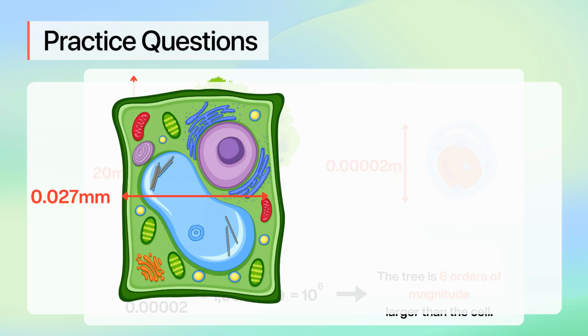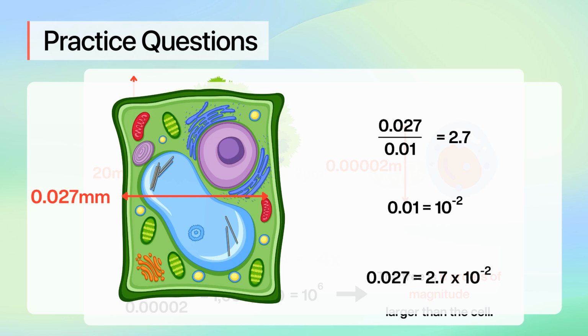To turn 0.027 into a number between 1 and 9, we need to multiply it by 100, which gives us 2.7. This is the same as dividing 0.027 by 0.01, as 0.01 is equal to 10 to the power of minus 2. In our final answer, we have 0.027 is equal to 2.7 multiplied by 10 to the power of minus 2.